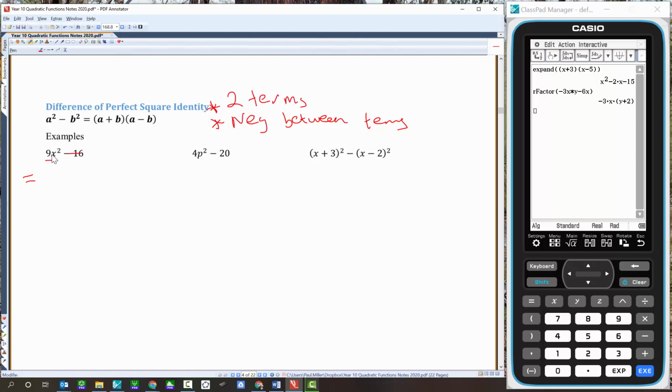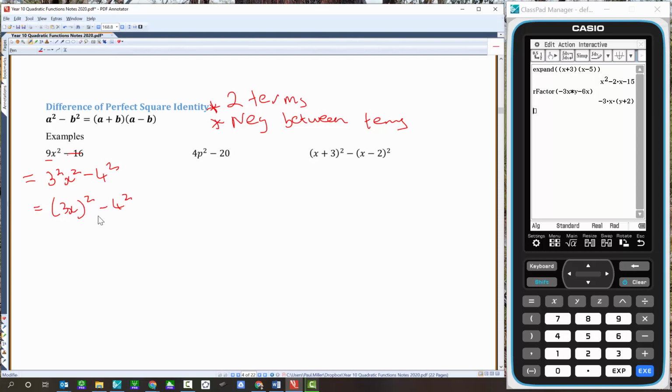So here we go. Let's look at this. We've got a difference and we've got 2 terms. Now what we're going to do with these 2 terms is make them perfect squares so that we can use the difference of perfect squares. Let's convert this into a perfect square. How would we do that? I'm going to write this as 3 squared, x squared, take away 4 squared. And now I'm going to write it as 3x all squared, take away 4 squared.